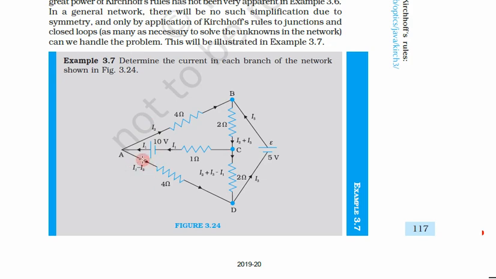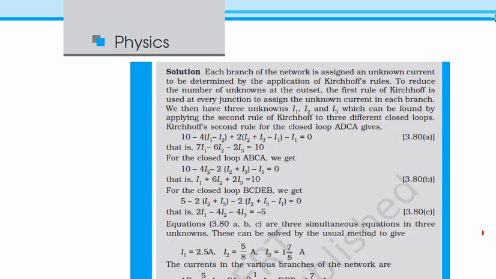This third current is I1 minus I2. We could have taken this I4 or I5, but why did we not take this? Because we have used Kirchhoff's first rule, the sum of currents entering the junction must be equal to the sum of the currents leaving the junction, to reduce the number of unknown currents. Otherwise there would be far more unknowns and solving them becomes much more difficult.